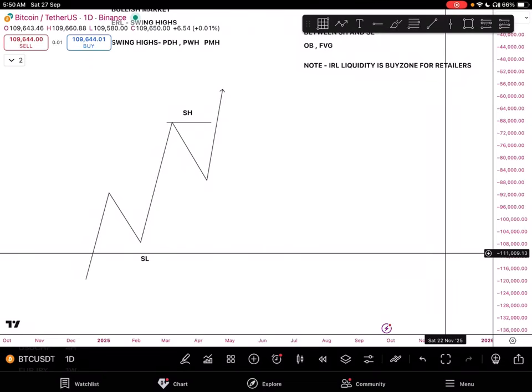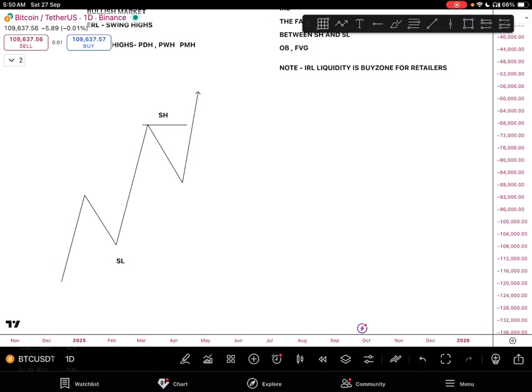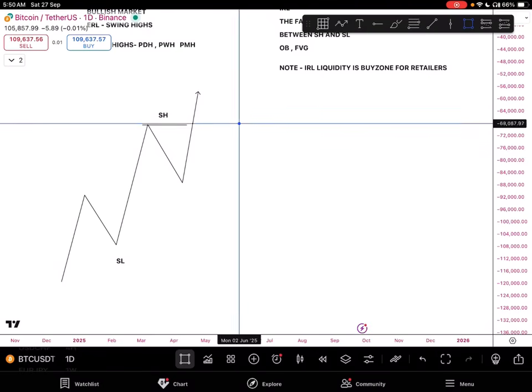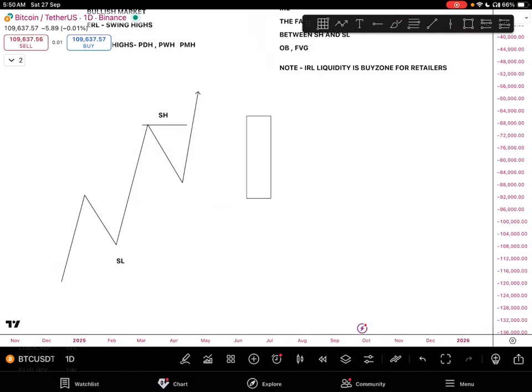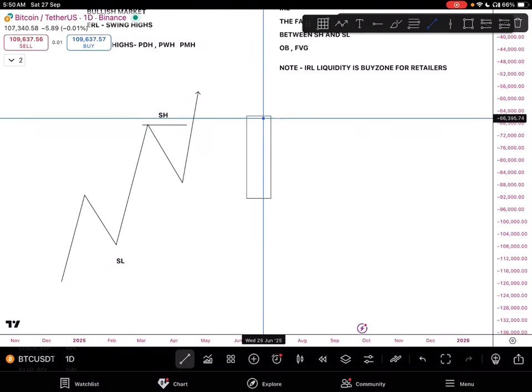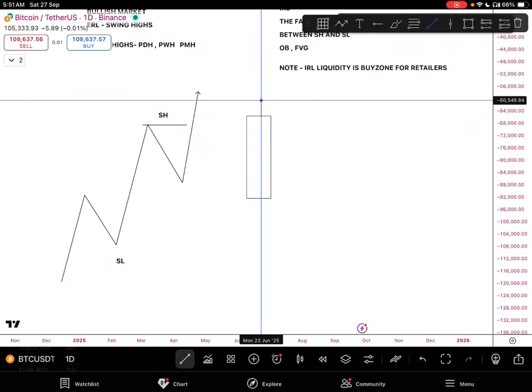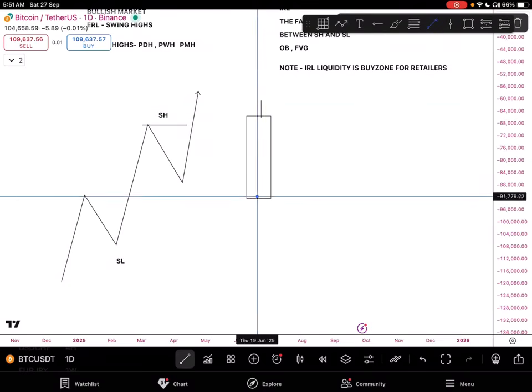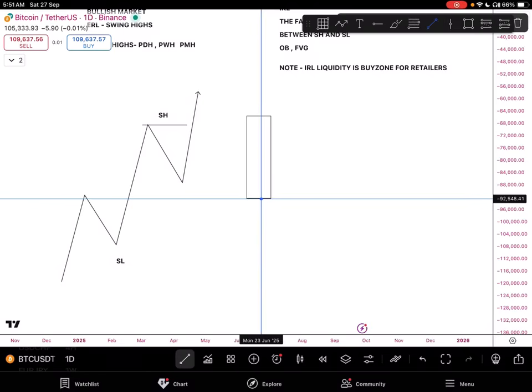Now, I know that many members have doubts on this one. In this swing, I consider this candle as the previous weekly candle. So consider this as the previous daily high or previous weekly high.